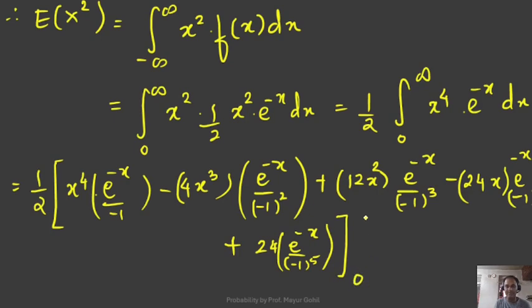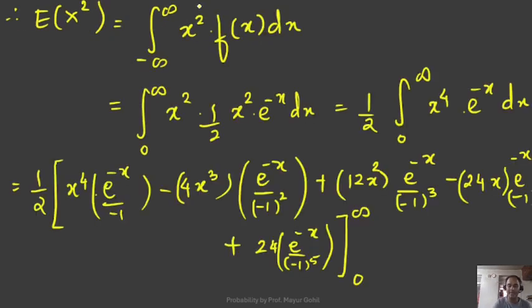It's a big expression. So when you substitute the upper limit, it becomes e raised to minus infinity times half into 0, and all the terms having x's are going to go down to 0.